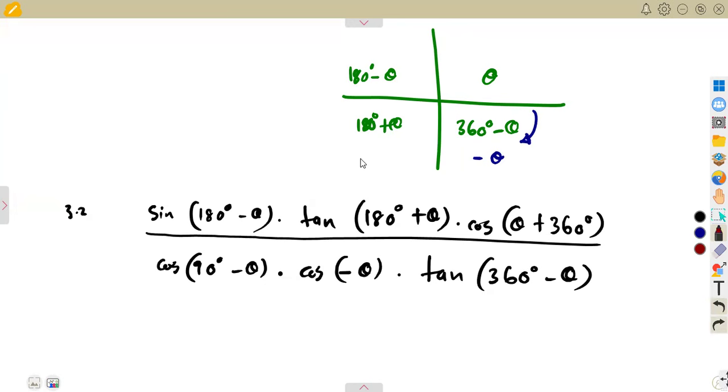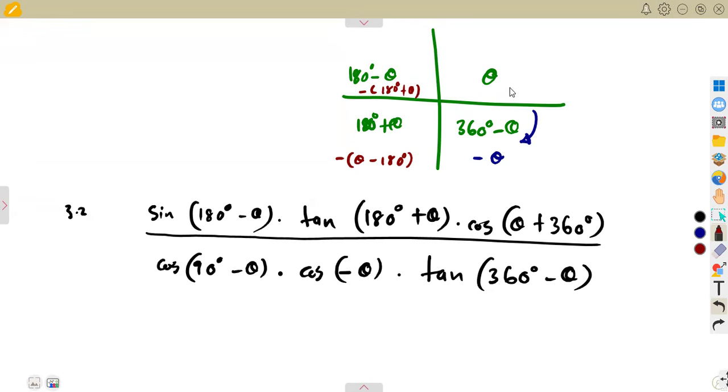All right, that is the part of theta minus 180 degrees. From the concept, it was supposed to be 180, theta minus 180. You multiply it by a negative, so it will be 180 minus theta. In this part, instead of having 180 plus theta, you multiply by a negative, so it will be 180 plus theta with a negative.